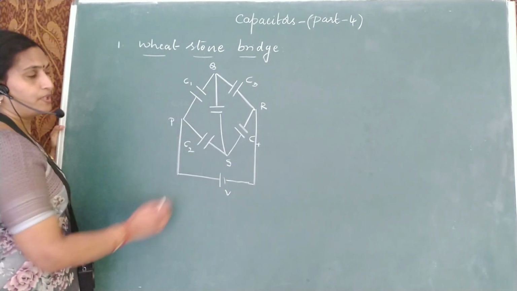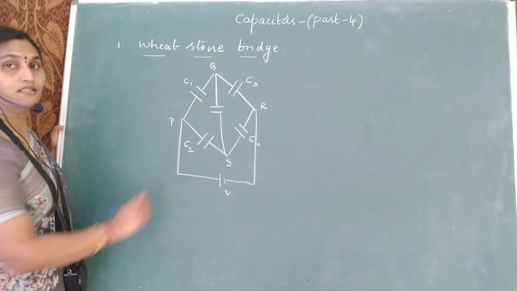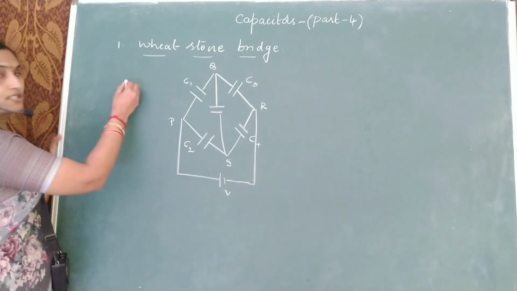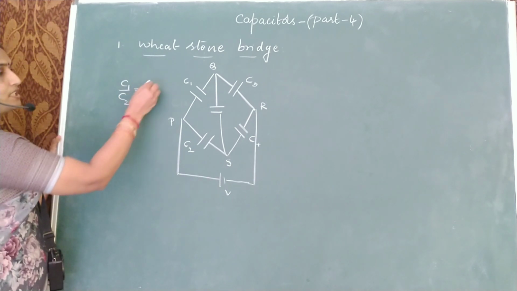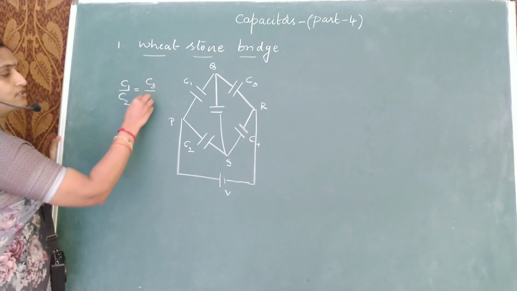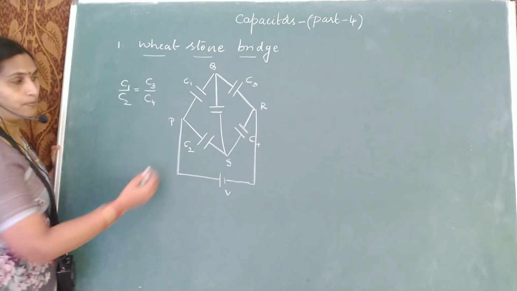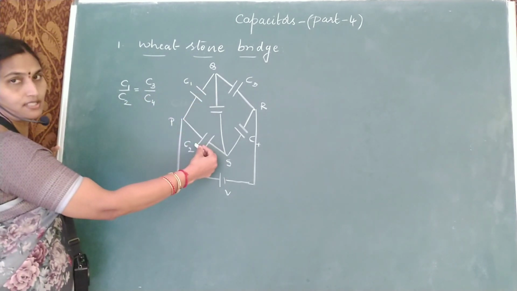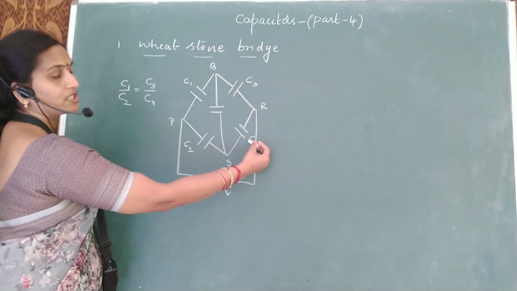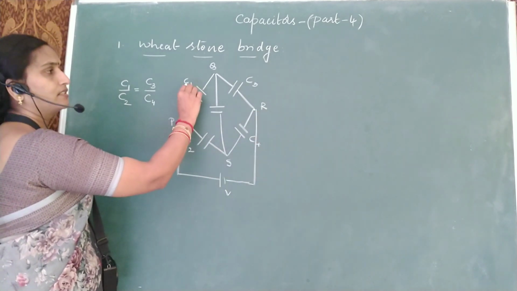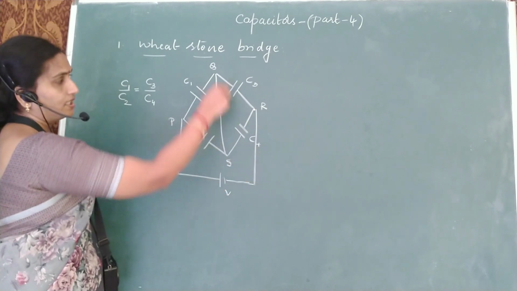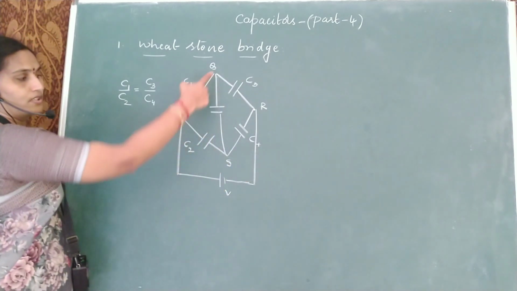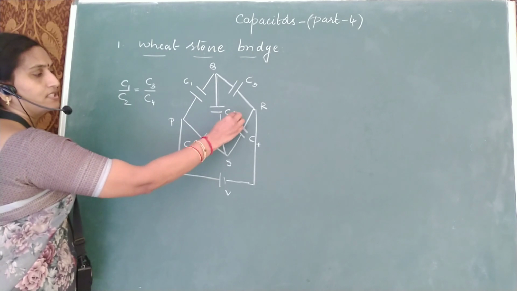Then the Wheatstone bridge principle says that in this type of arrangement, if C1 by C2 becomes equal to C3 by C4, I repeat, if the ratio of these two capacitances becomes equal to C3 by C4, you can also write it this way, C1 by C3 equal to C2 divided by C4, then no charge will be stored on this capacitor which is C5.